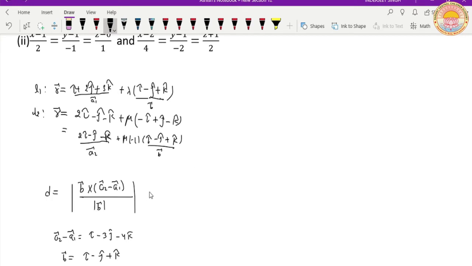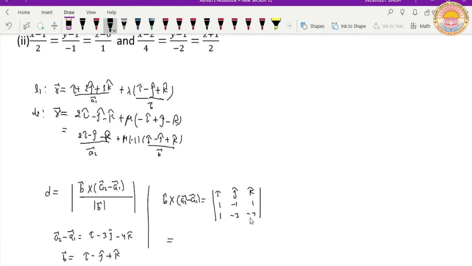Now we have to find the cross product of vector B and vector A2 minus vector A1, and this will give i cap, j cap, k cap. The coefficients of vector B are 1, minus 1, 1, and the coefficients of vector A2 minus vector A1 are 1, minus 3, minus 4.